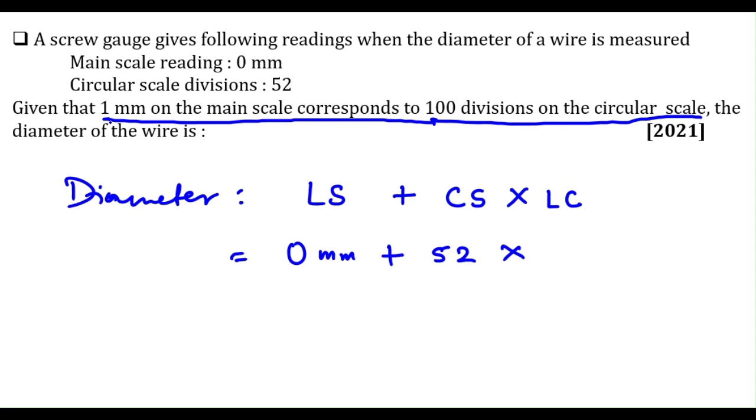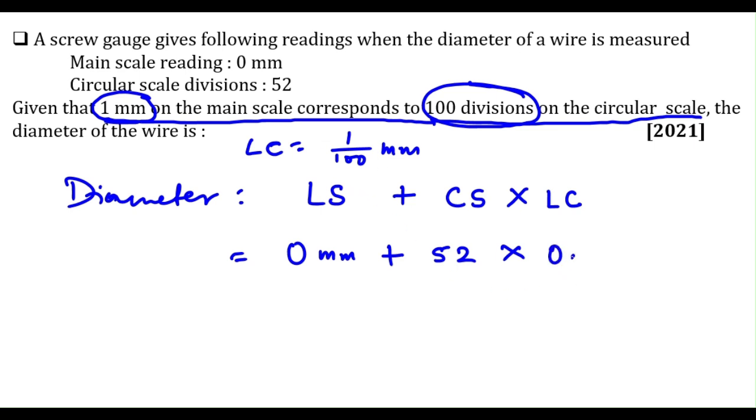So here we have the pitch given. Look, 1 millimeter distance is completed in one complete rotation, and then it has 100 divisions. So least count will be 1 by 100 millimeter, that is pitch by number of divisions.